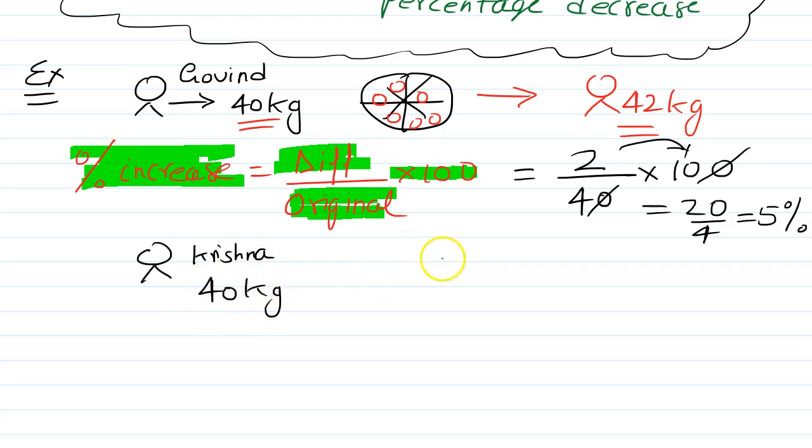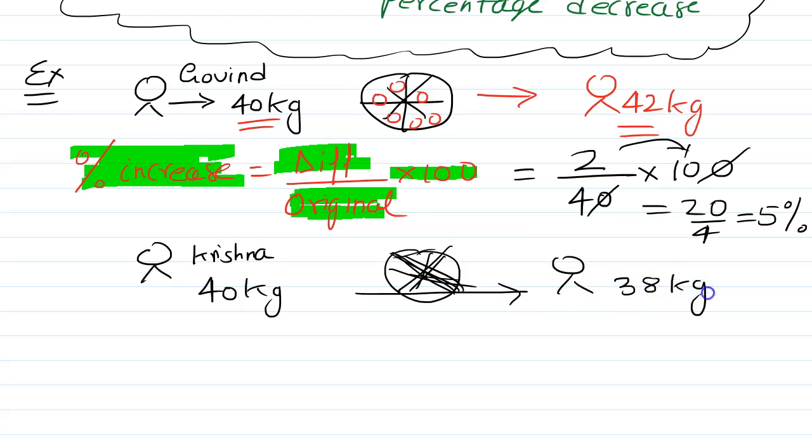Okay, he was fasting and he did not get any pizza, so I'm cancelling this pizza, and his weight has reduced by 38 kg. So what will be the percentage decrease? Because weight is decreasing, here we are writing percentage decrease.